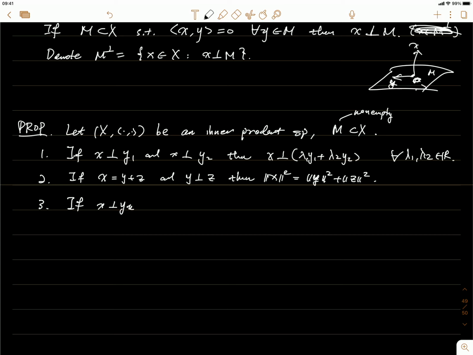Third, suppose x is perpendicular to y_k for all the y_k, and y_k converges to y, then x is also orthogonal to the limit y.